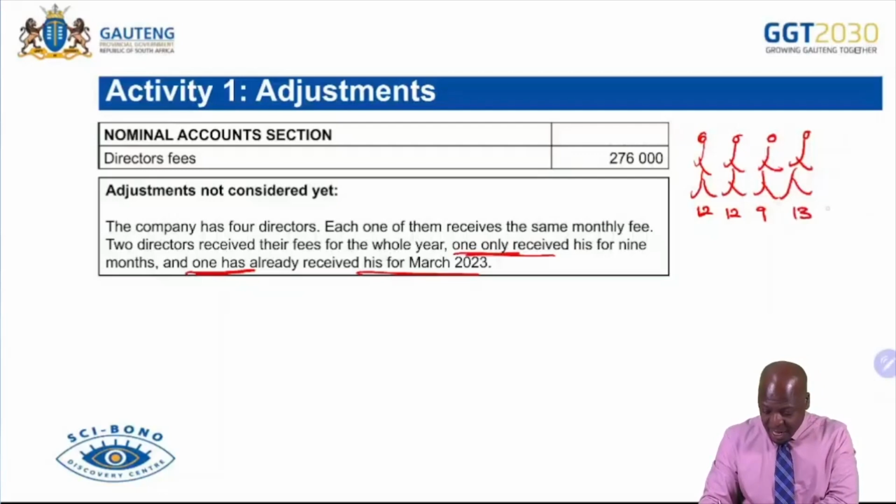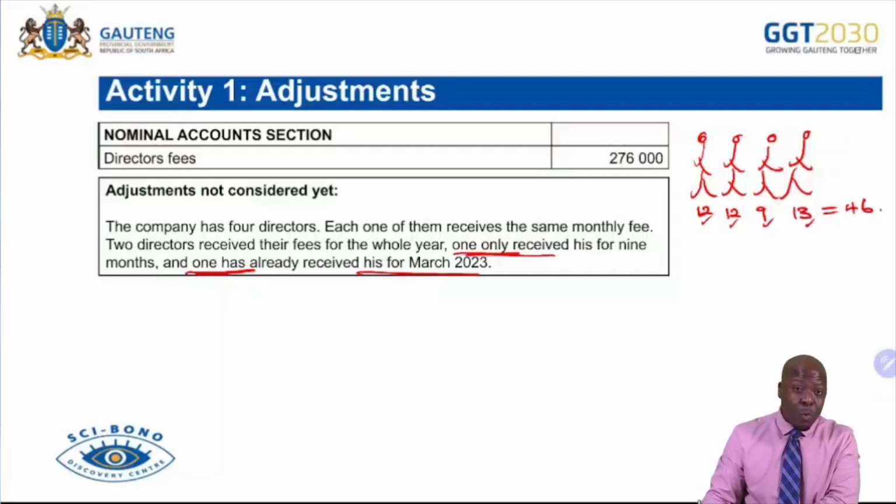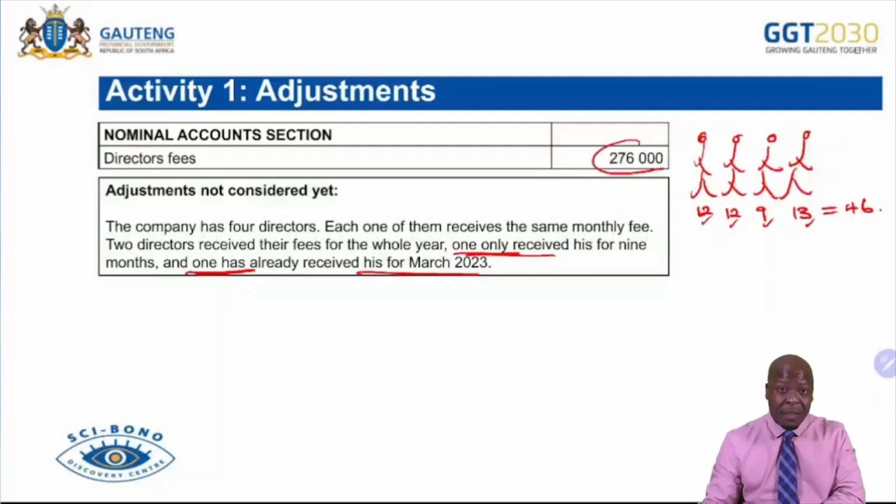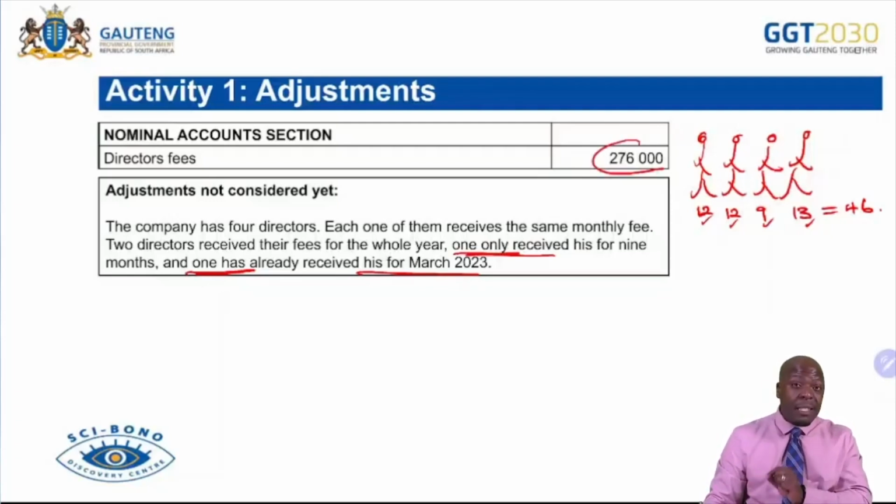All right, let's see those calculators. So we're now going to say 12 plus 9 plus 13. How many months in total? That gives you 46 months in total that we have paid for our directors. It therefore means the amount of directors' fees, the 276,000, is for the 46 months that we have paid.